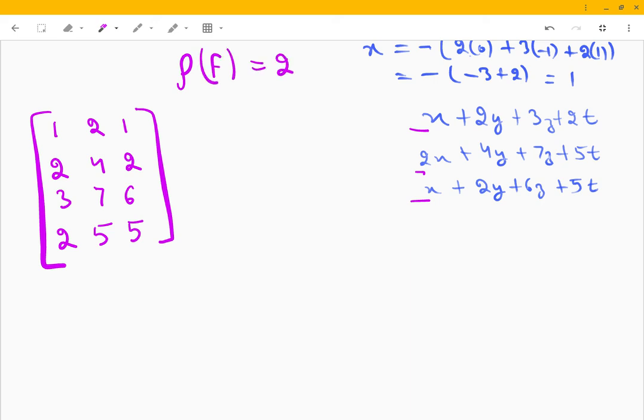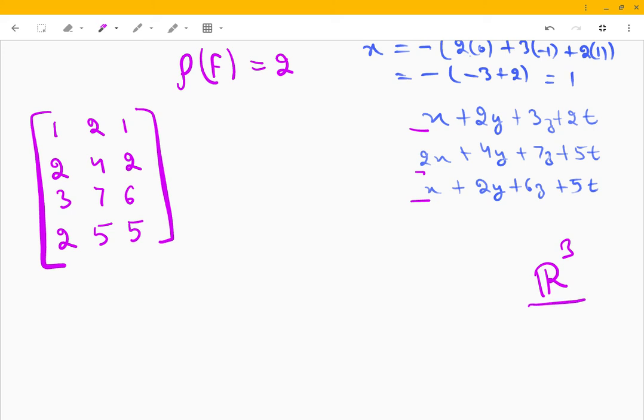That means there are two linearly independent vectors in the image space. In our R3, there are two linearly independent vectors. The dimension of our range is 2.